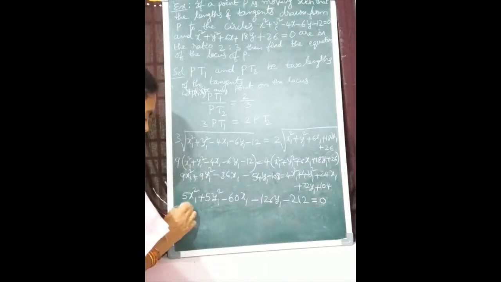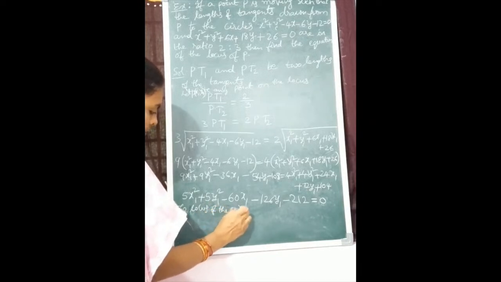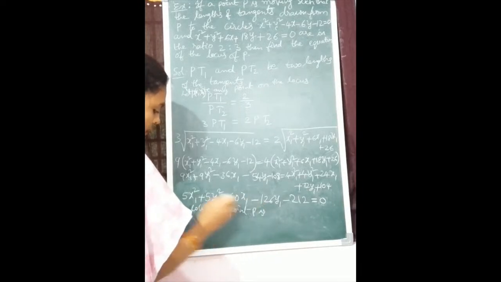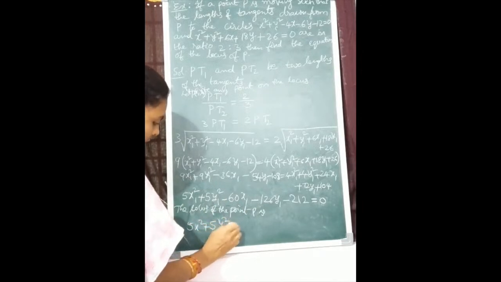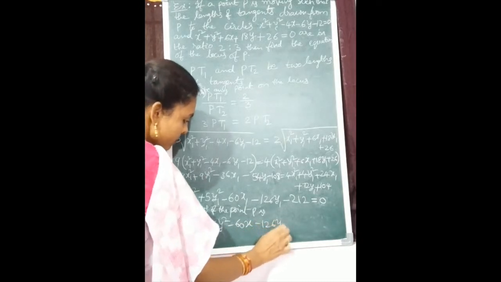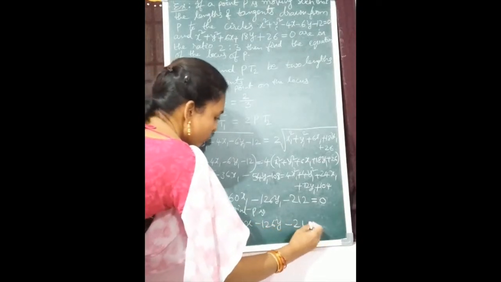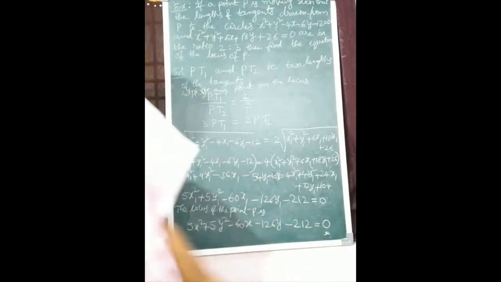Therefore the locus of the point P is 5x square plus 5y square minus 60x minus 126y minus 212 is equal to 0. This is the answer.